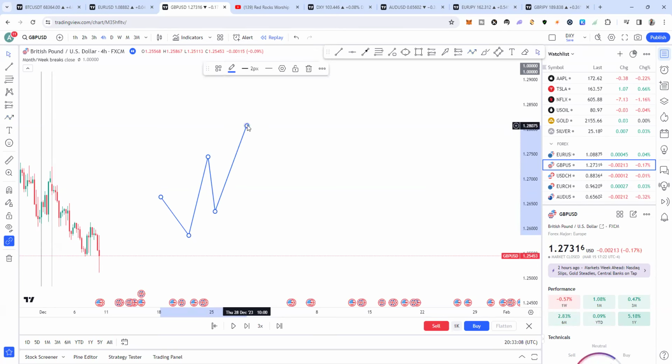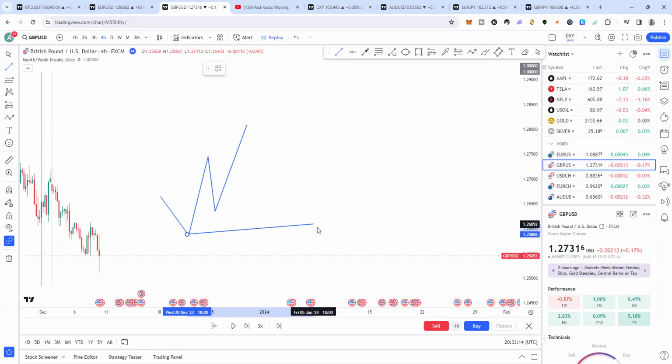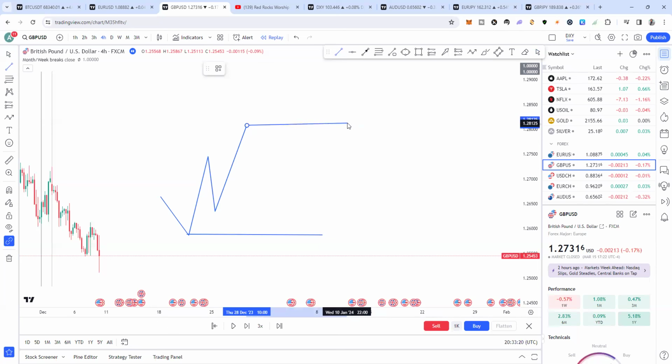And I said, when price has done that, from this point to this point becomes our swing structure.